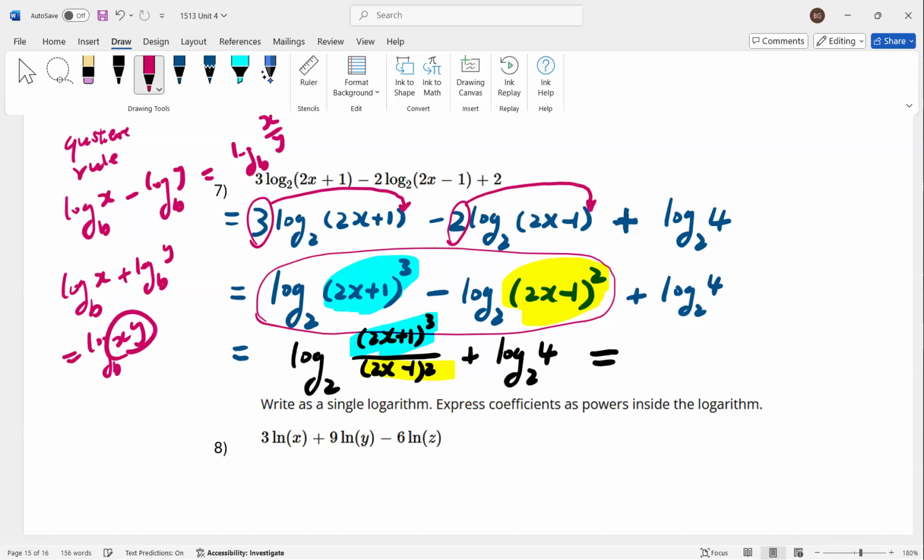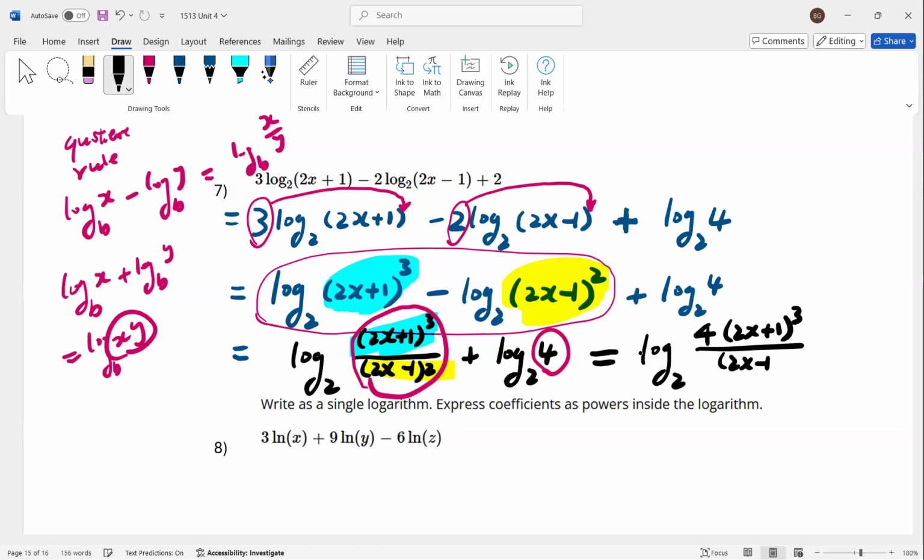So this argument is going to multiply this argument as the new argument of the result. So we're going to keep the base, log with base 2, and we're going to multiply the two arguments, because the product rule multiplies. And we're going to have 4 on the top, (2x plus 1) to the power of 3 over (2x minus 1) to the power of 2. And this is the final answer.